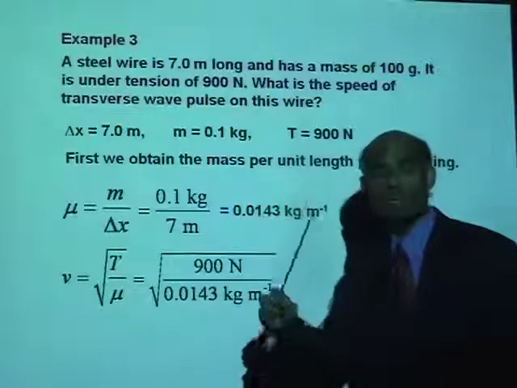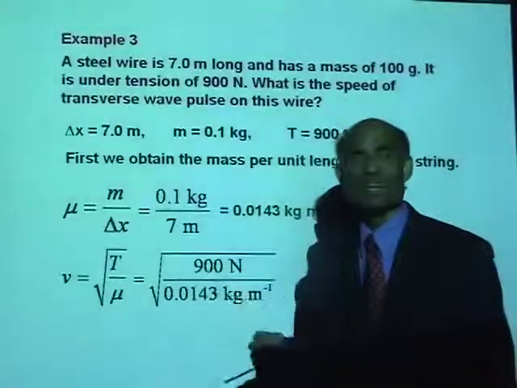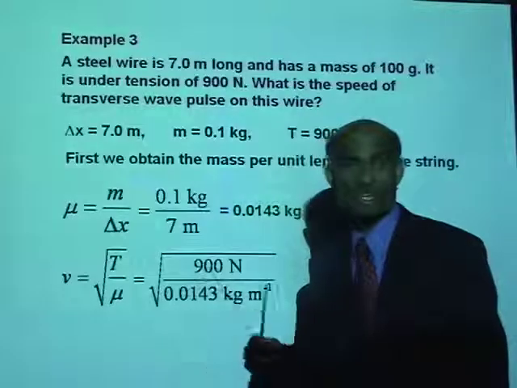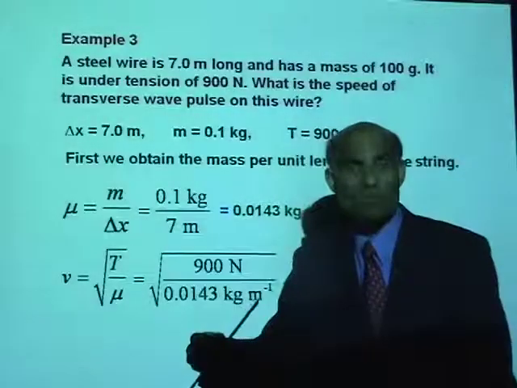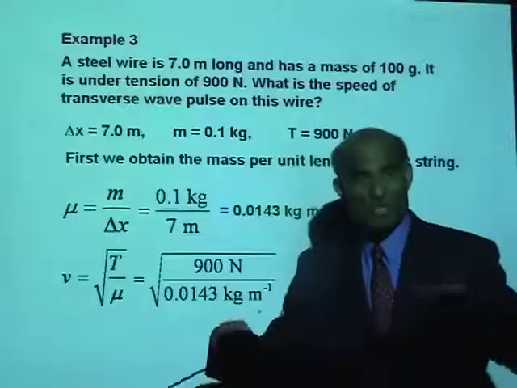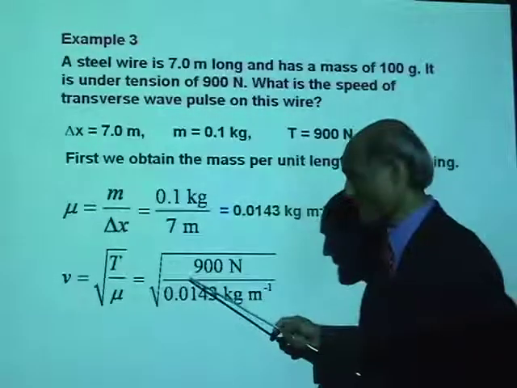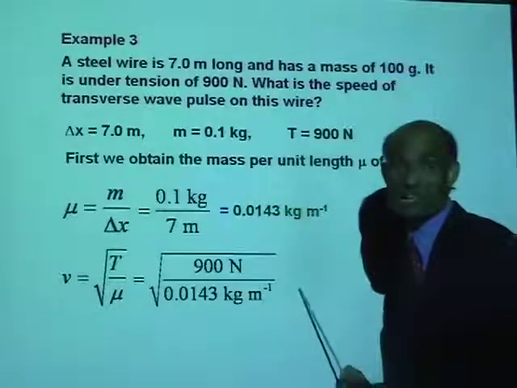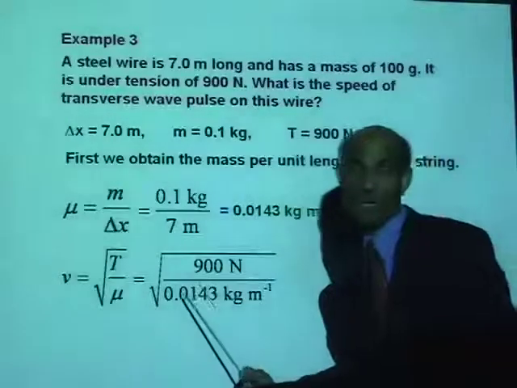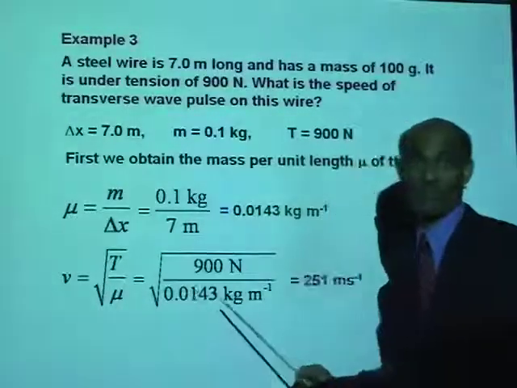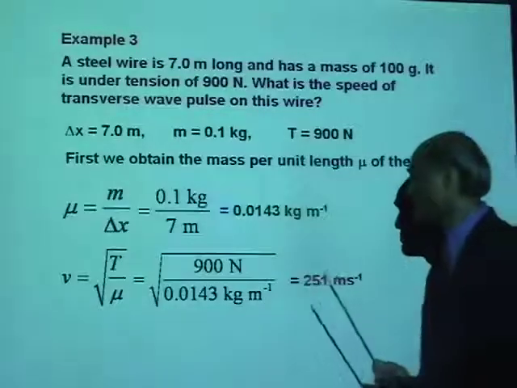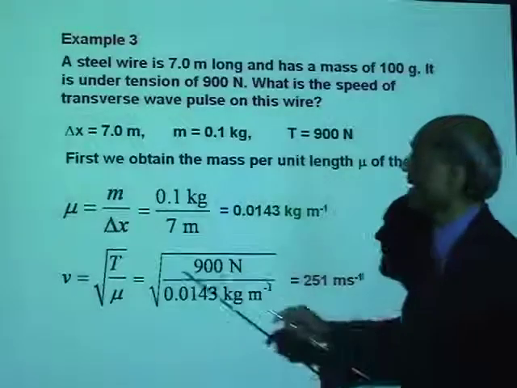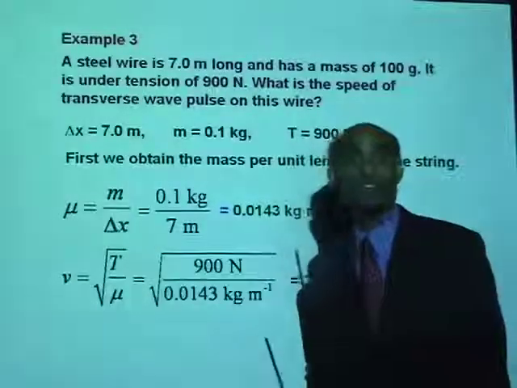Now always remember, when you listen to the lectures, especially the problem solving sessions, keep your calculator and a piece of paper with you so that you can work along with me. Use your calculator and work it out. And make sure that the answers I have given you are the right ones. Sometimes I make mistakes. I got 251 meter per second as the speed of transverse wave on that string.